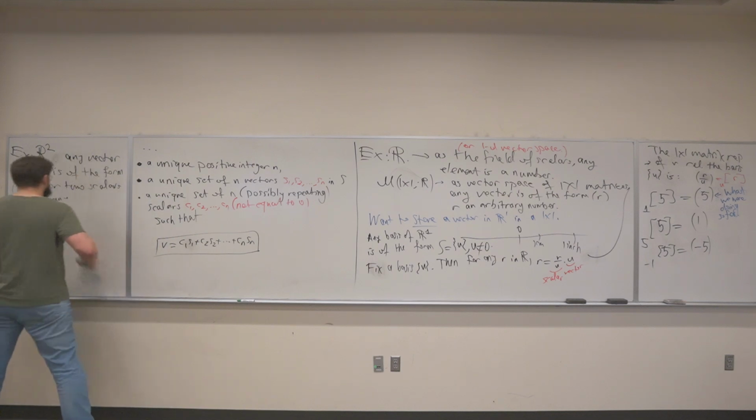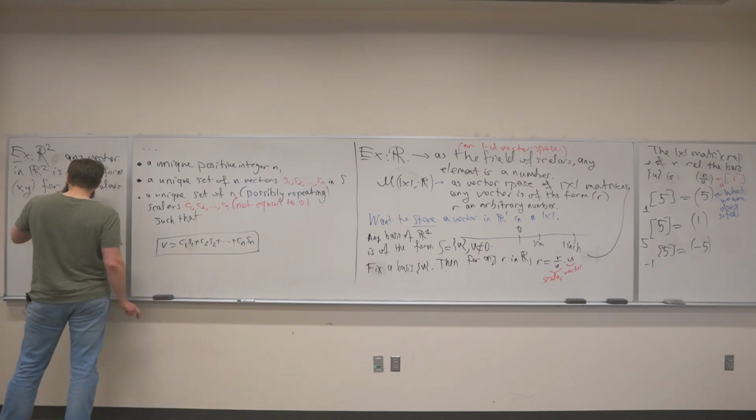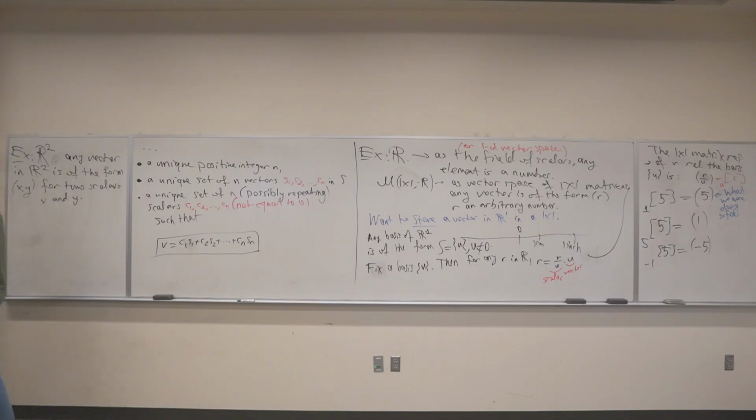I'm not going to allow myself to immediately say this is the same thing as the 2 by 1 xy. I'm not saying that for now. I'm putting on the straitjacket. I'm saying this is how vectors in R2 are presented. I'm hard coding the types. I don't get to move the symbolism around. Otherwise, it gets confusing.